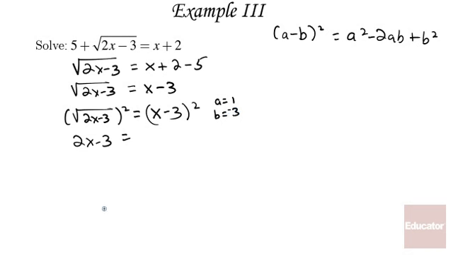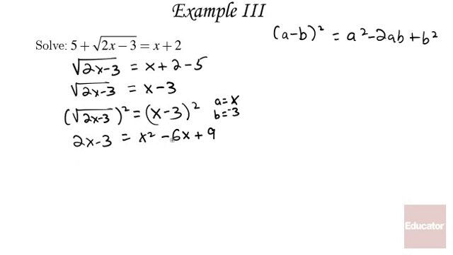So I'm going to write this out as x squared, that's a squared, and then minus 2ab, which is going to give me minus 6x, plus b squared, plus 9. So I end up with 2x minus 3 equals x squared minus 6x plus 9.